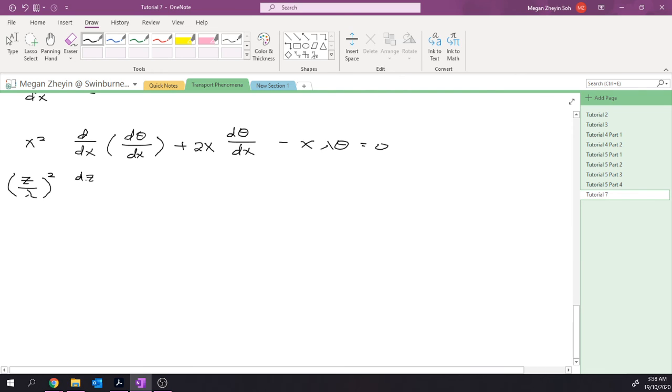And dz dx multiplied by, so this one, when you cut it off, this part is this section over here.